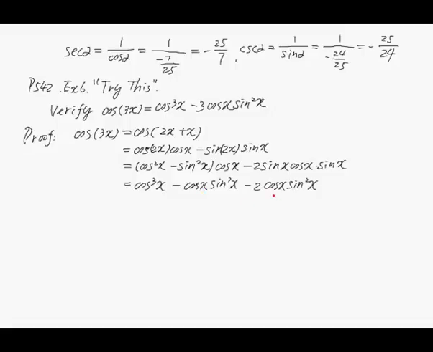And then you combine these two negative terms, you have the cosine cubed minus 3 times cosine x times sine square x. Then this is equal to the right side. So now we verify this identity.